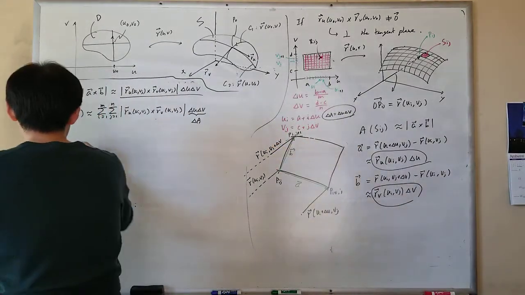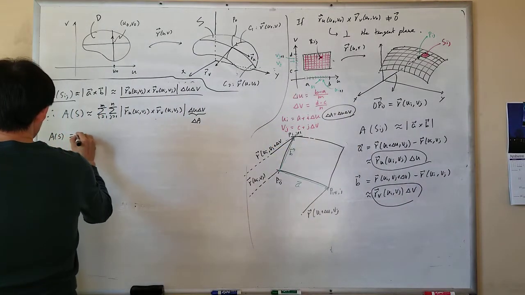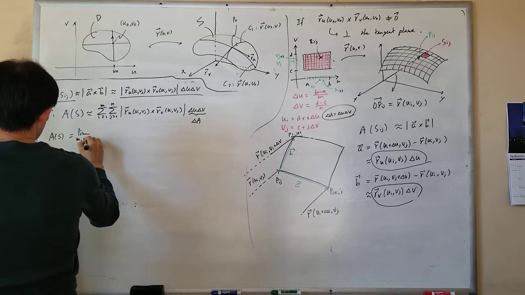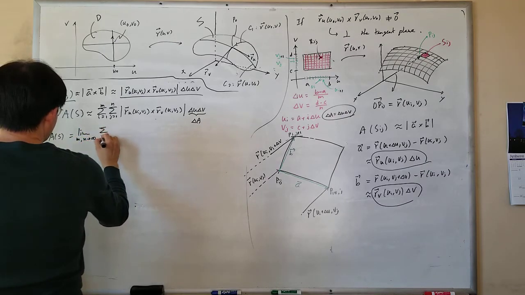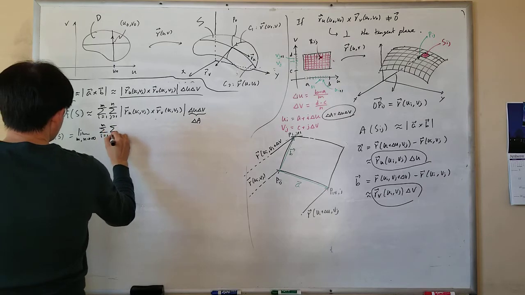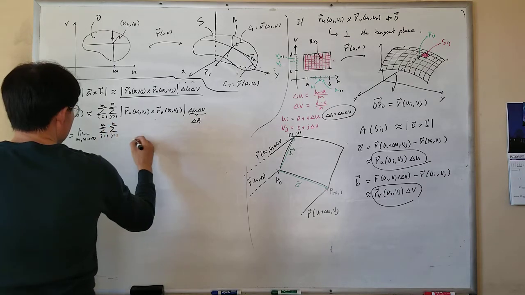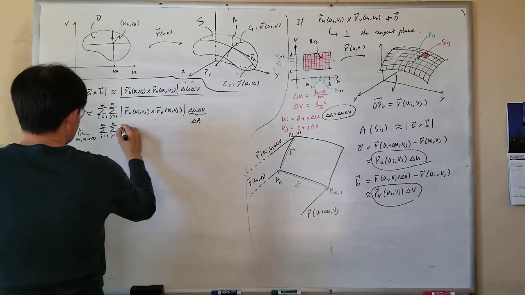So, A of S is the limit as m and n both go to infinity. All this will be a double Riemann sum. The same thing, all right?